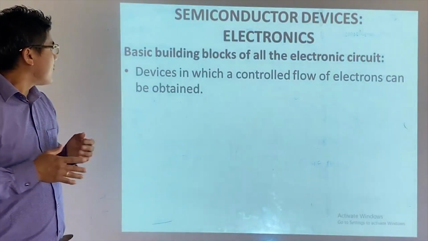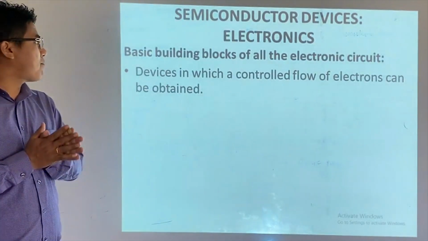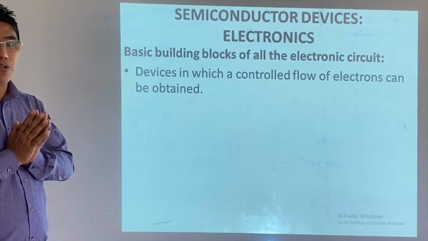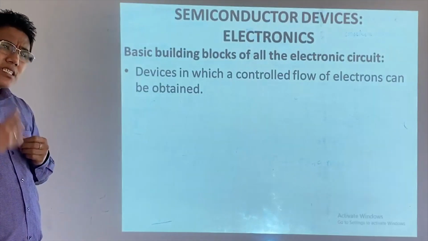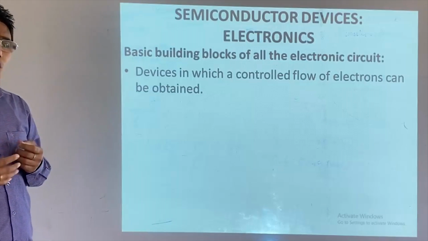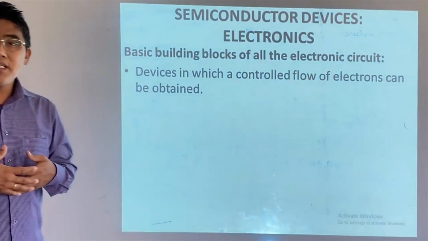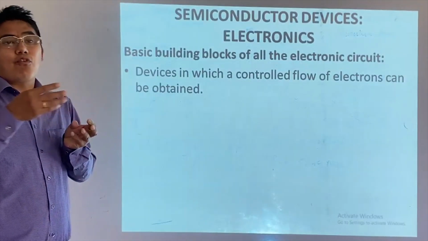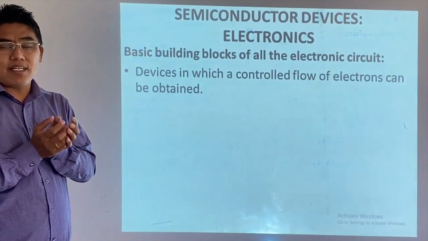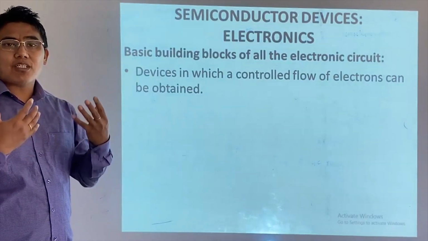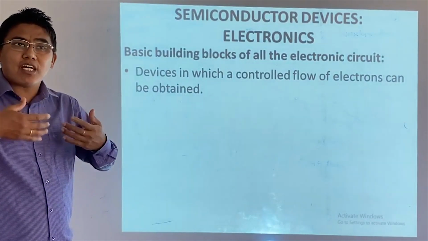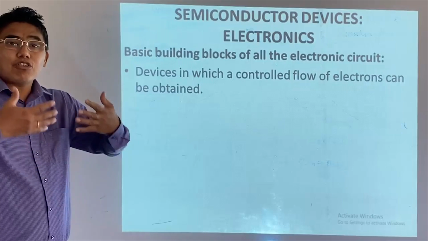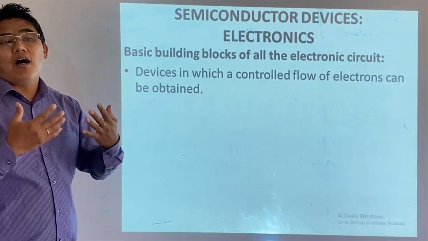All right. So the basic building block of all electronic circuits is that these devices allow a controlled flow of electrons. That means current, right? So this device has full control over the flow of current. Basically, in an electronic device, the information is in the form of current, in the form of flow of electrons.